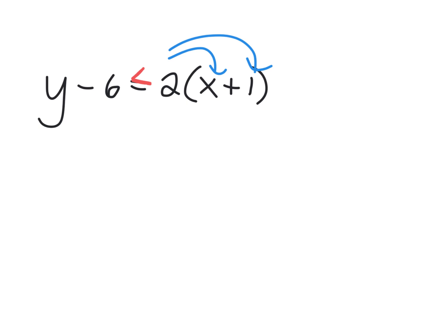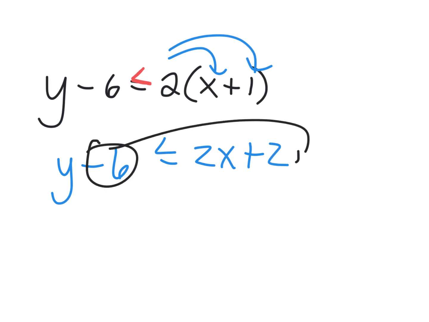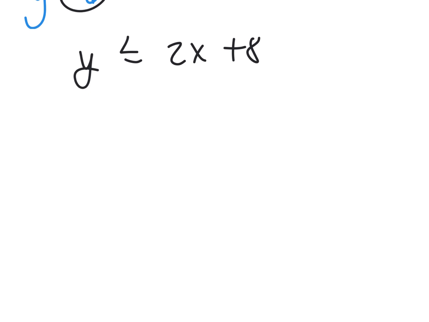We're going to solve this thing for y, because the only way this thing works is if it's solved for y. y minus 6 less than or equal to 2x plus 2. Moving the 6 over to the other side. Oh yeah, I remember this one. y less than or equal to 2x plus 8. Cool. Then you graph it.